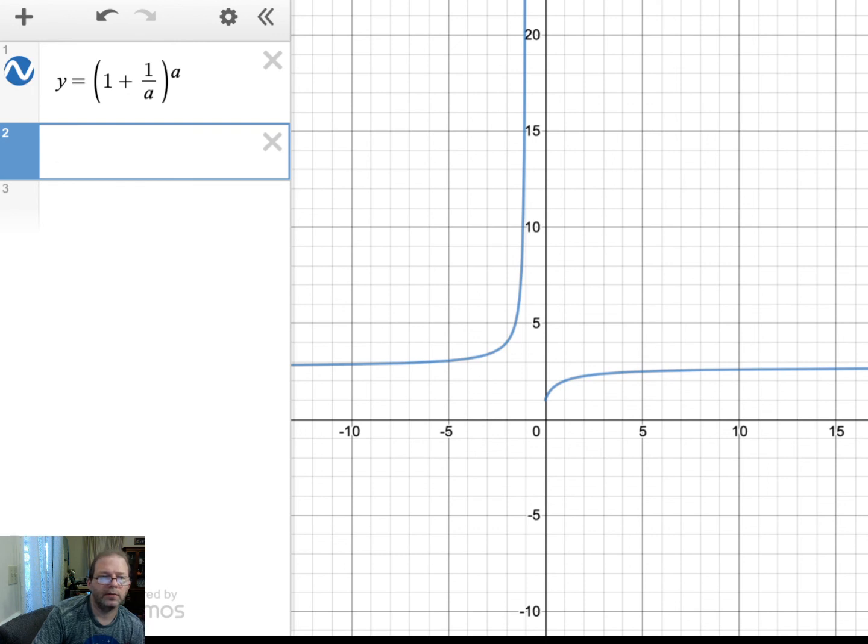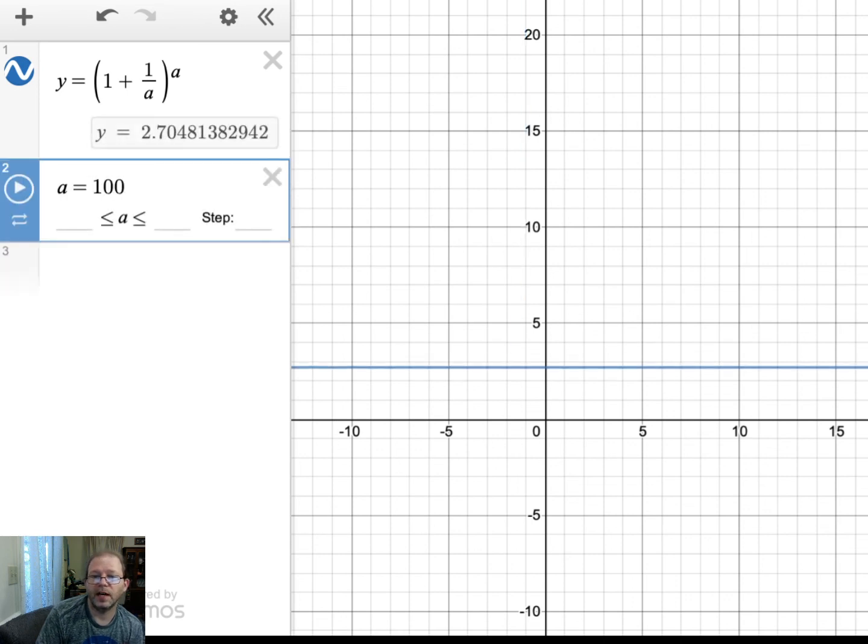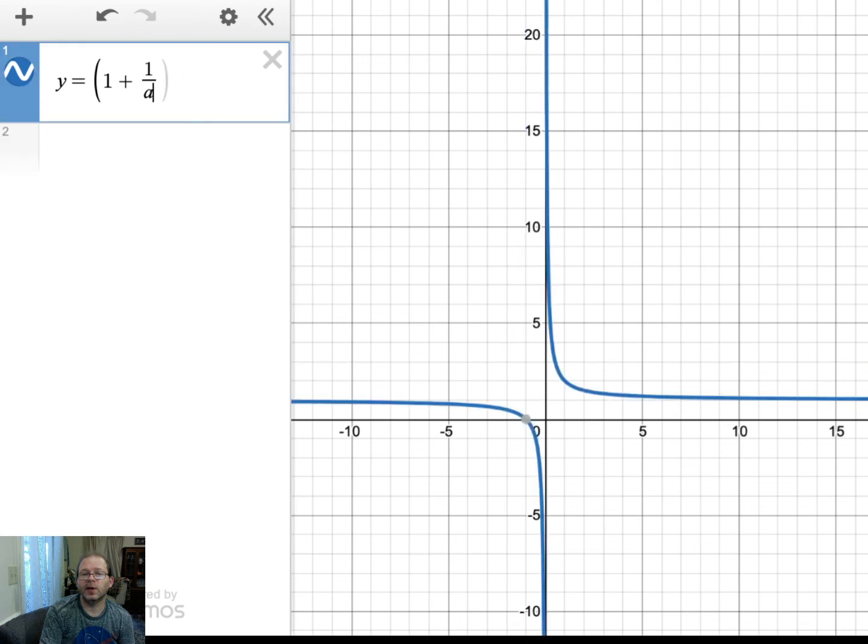And now if I put in large values for a, say 1,000, it's getting close. I can keep going and adding in more numbers here. It's kind of amazing the computer can do that so quickly. But anyway, that's one way you can say where e comes from.